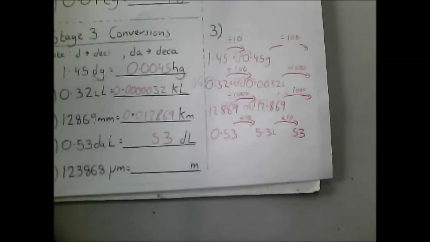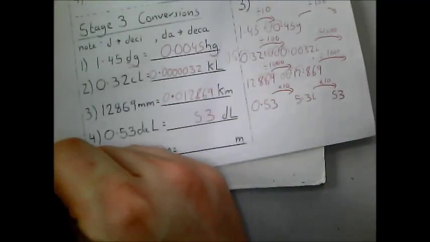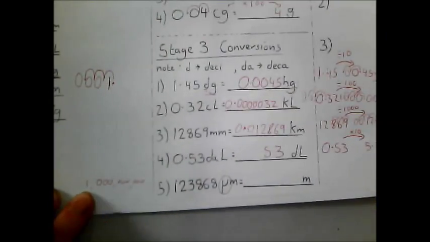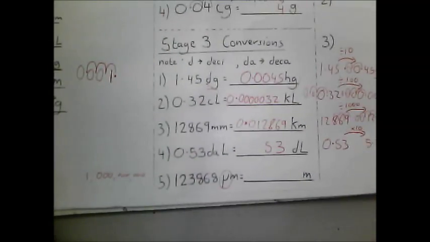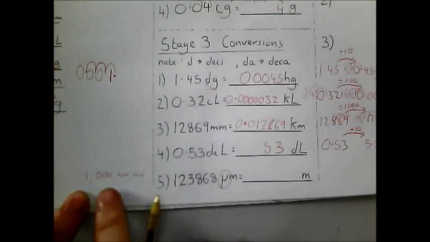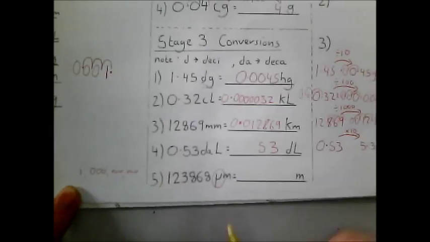Okay, the final question. Really good job if you looked this question up. Now, this means nano, and that is exactly 1 with 9 zeros. That's the scale factor for that one. If you look it up, that's what that value is. So I'm going from a smaller unit to a larger unit, so I divide by this number.